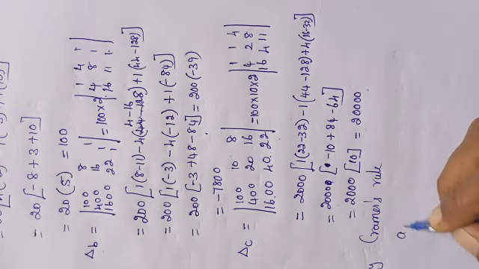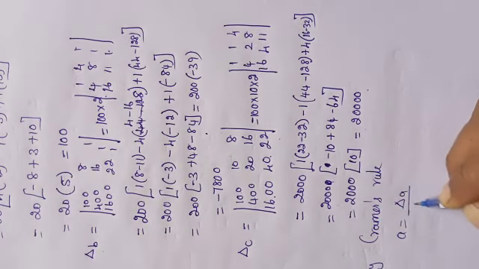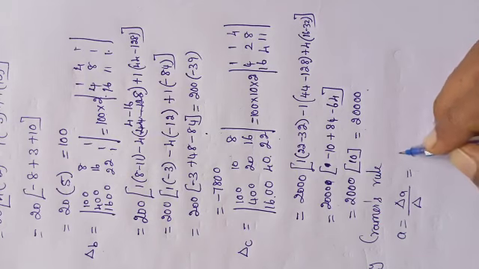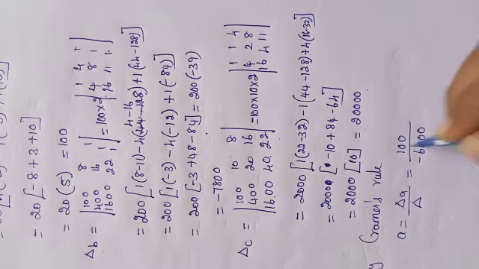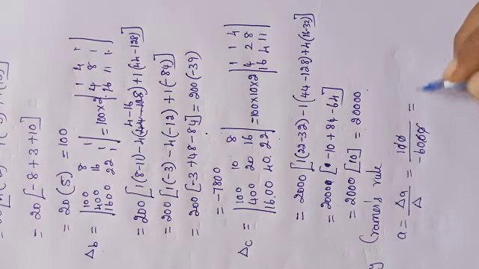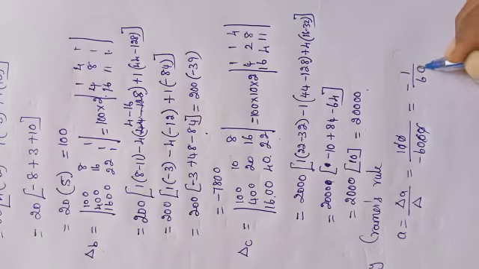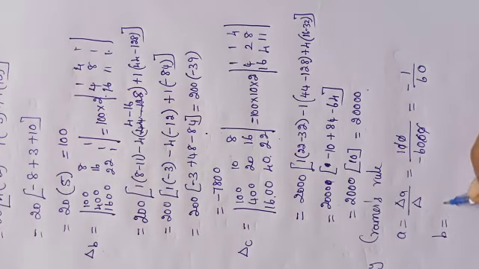we know that A is equal to delta A by delta. Delta A we have got 100 and that is minus 6000. See, 2 zeros will get cancelled. So our answer is minus 1 by 60. And B is equal to delta B by delta.